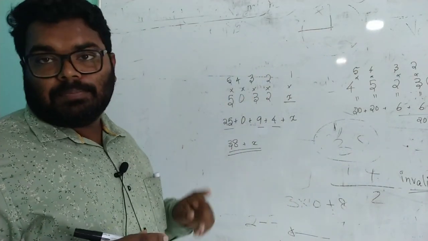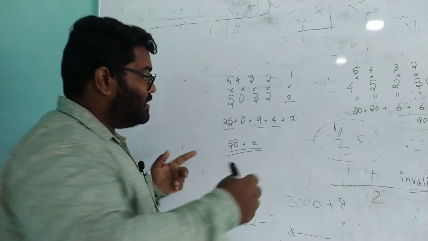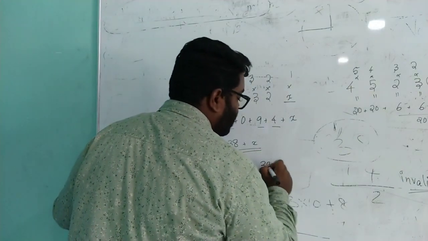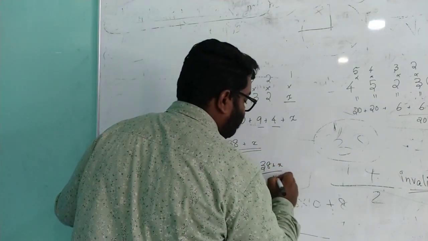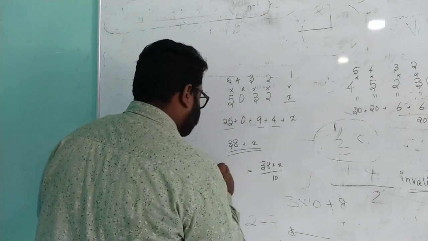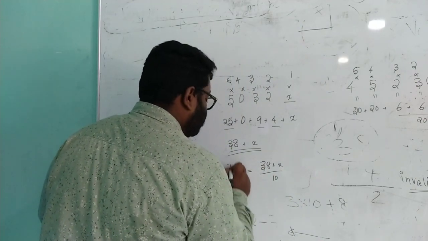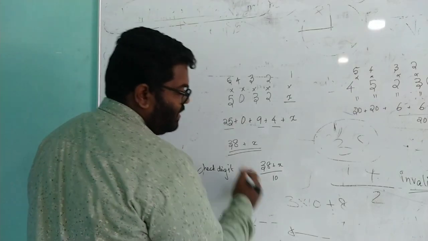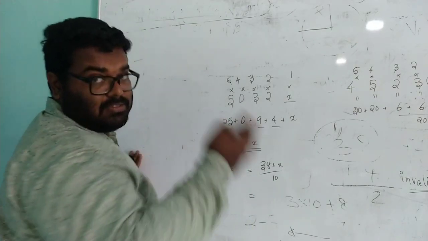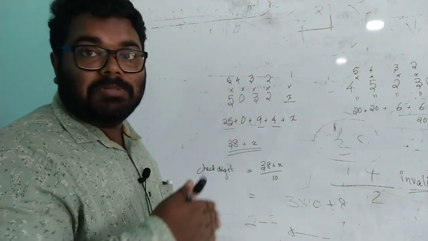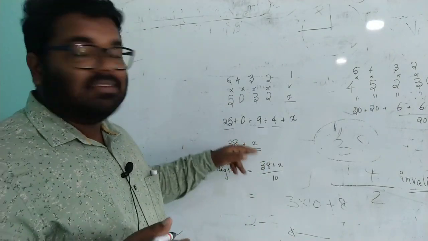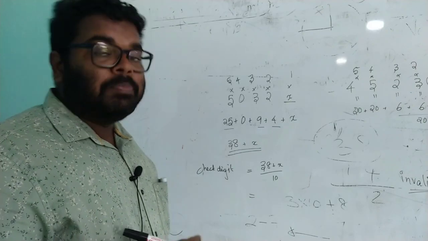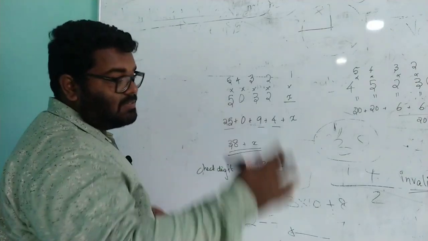We know that it is a product of 10 because whatever it's divided by 10 will give you the check digit, right? So the nearest number which can be divided by 10 is, of course, for 38 it's going to be 40. It's not going to be 30 because x is not going to be a negative number here. So we're going to assume that it is 40.